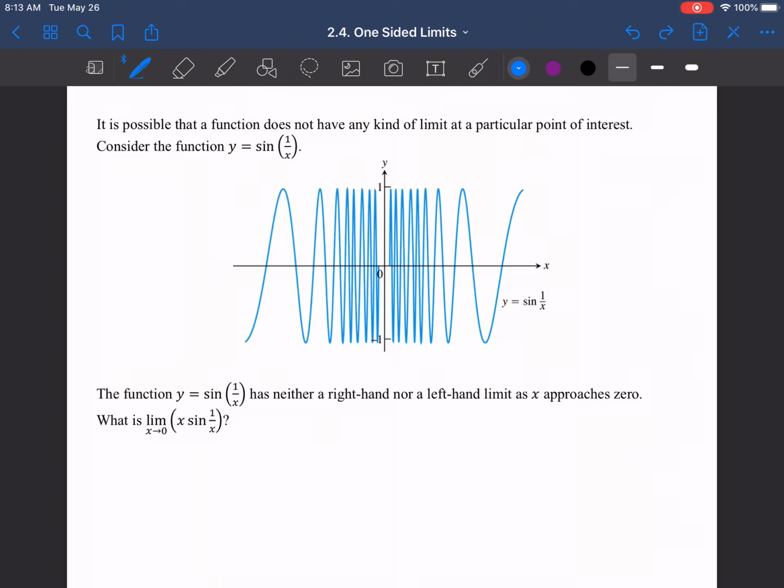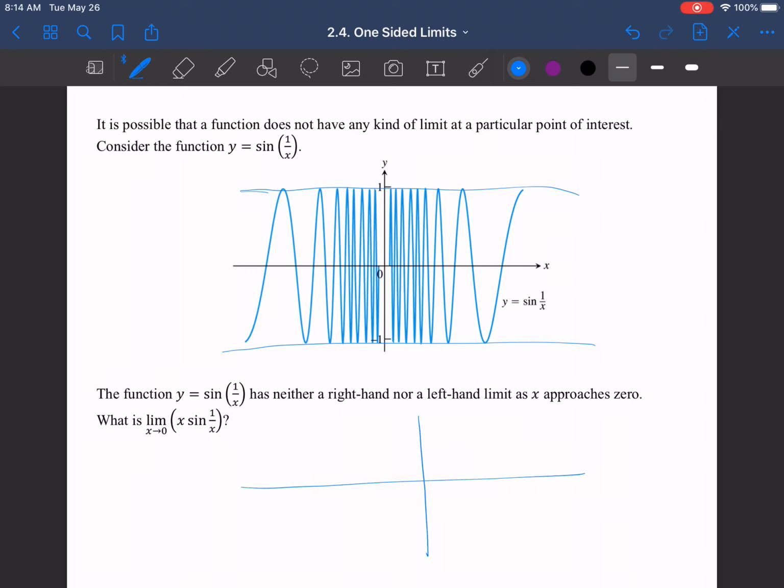And so what about this limit as x goes to 0 of x times the sine of 1 over x? What's going to happen there? Well, multiplying by the x means that as x gets smaller in value, it's going to reduce it. So here we're bouncing back and forth with sine of 1 over x between -1 and 1. But if we start multiplying by x, it's going to change the shape of our graph.